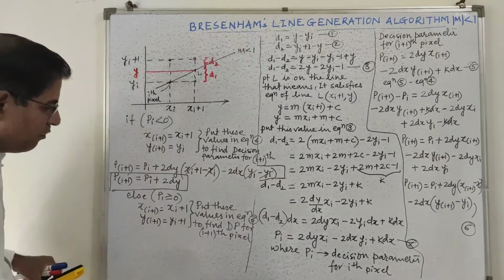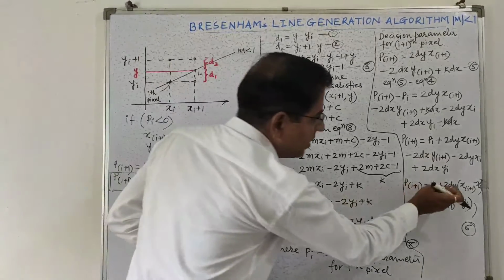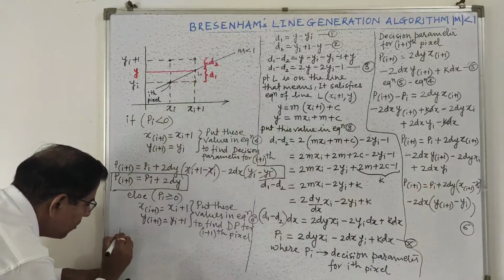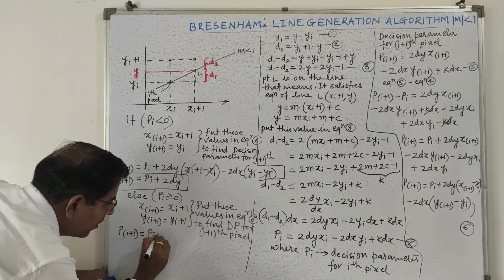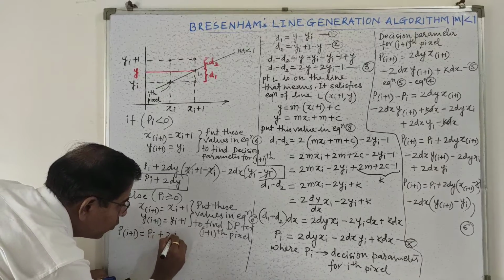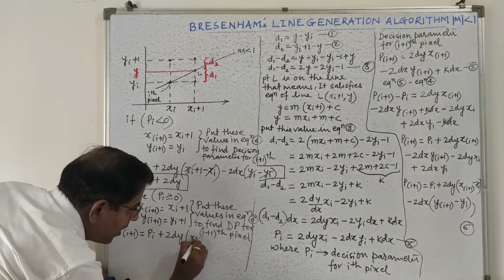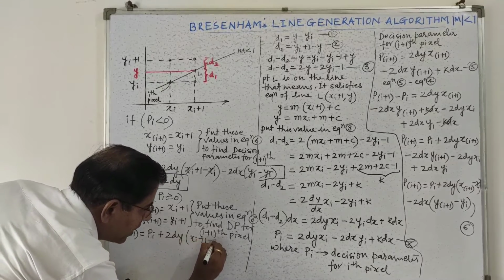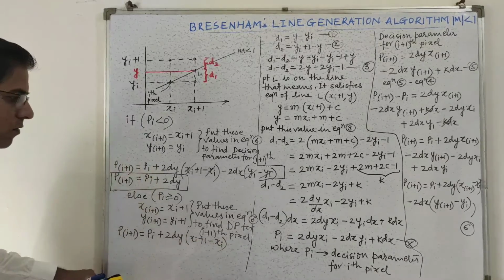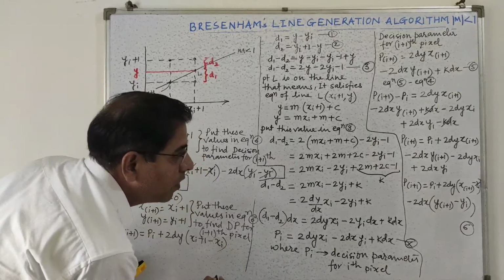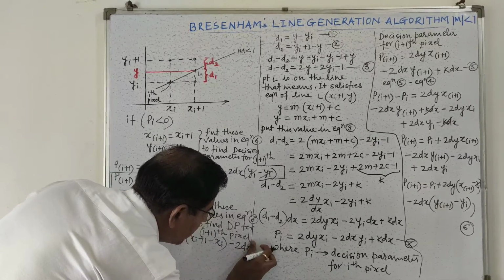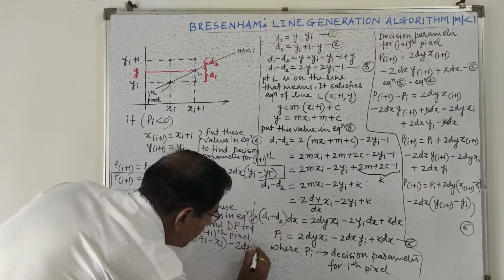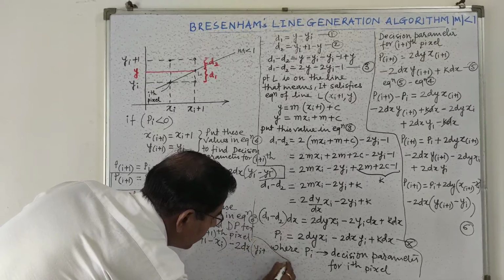If you put these values in this equation, then it becomes pi plus 1 equal to pi plus 2 dy xi plus 1 minus xi minus 2 dx in bracket yi plus 1 minus yi.